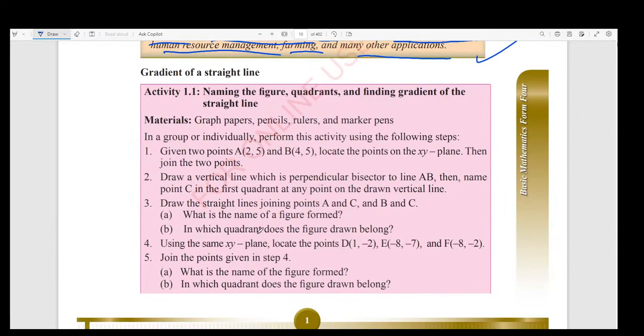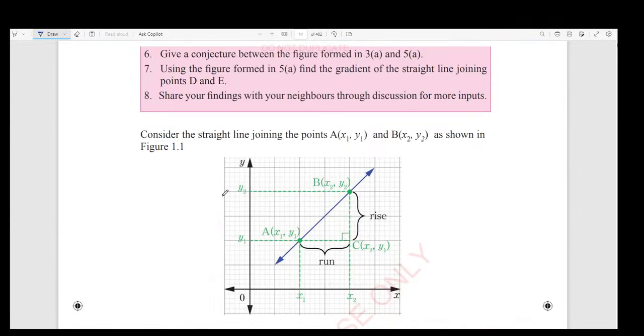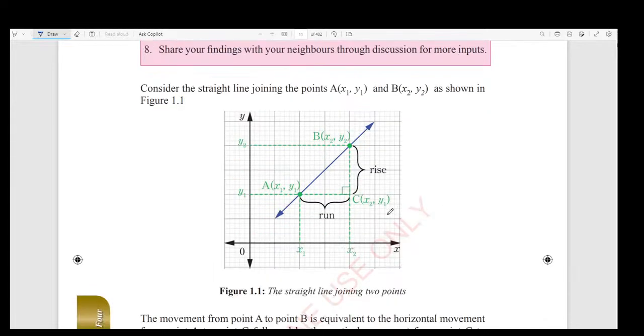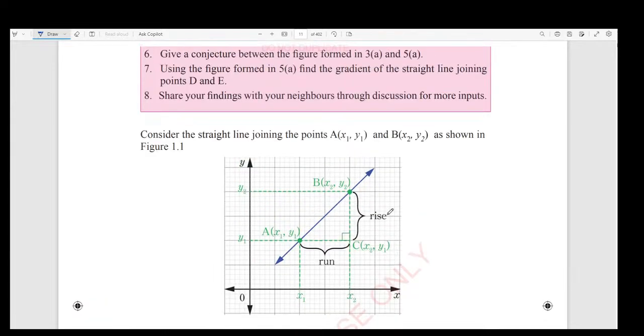So let us go to gradients directly. There is an activity, but I would prefer to go straight forward to talking about gradient, because this is a concept you already know from Form 1.